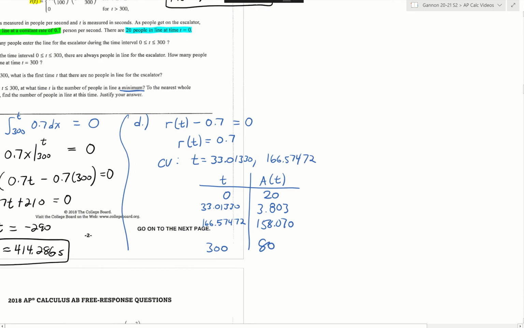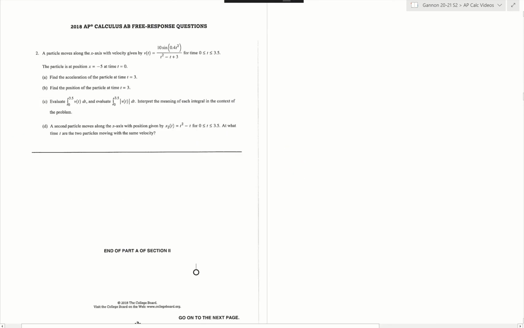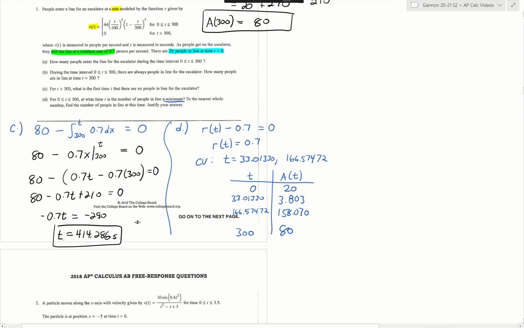All right, so those are the possible answers. In this case, we were looking for, to the nearest whole number, the number of people in line at this time, and we want the minimum.